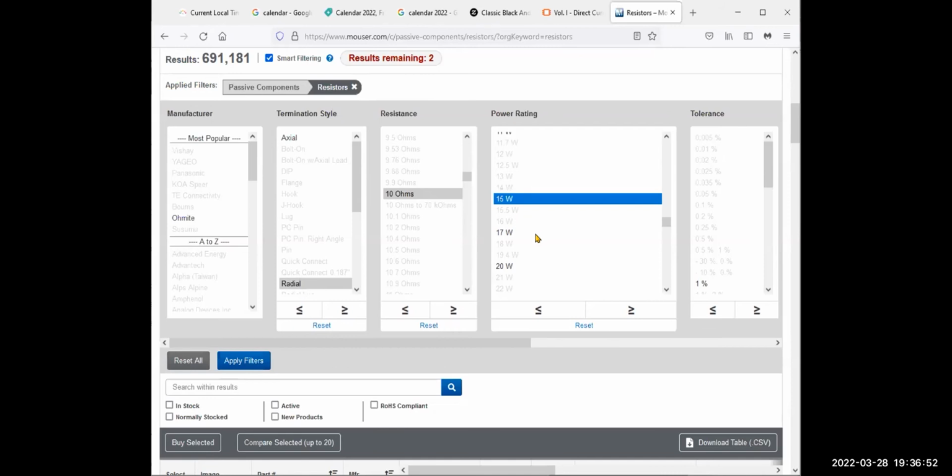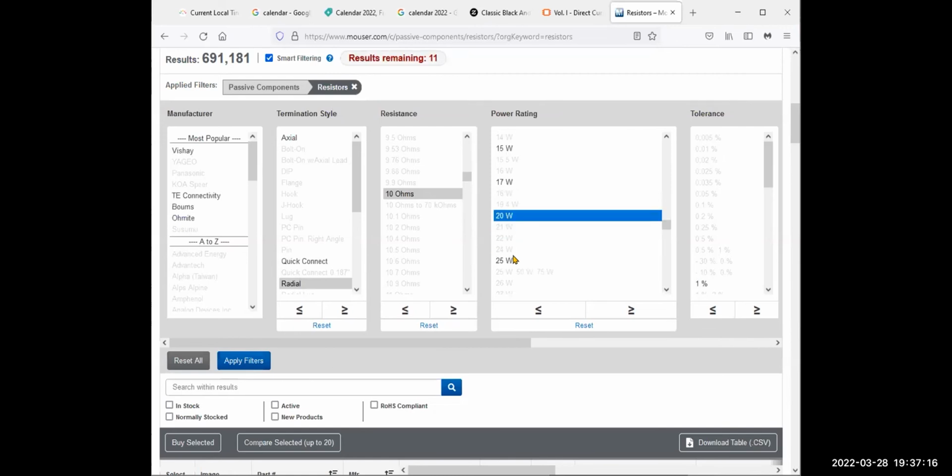In case there are some fluctuations, such as we accidentally increase the voltage source a little bit higher than 12 volts, that increasing power consumption won't damage the resistor instantly. If you pick 17 watts, that's even safer, or 20, even much better.